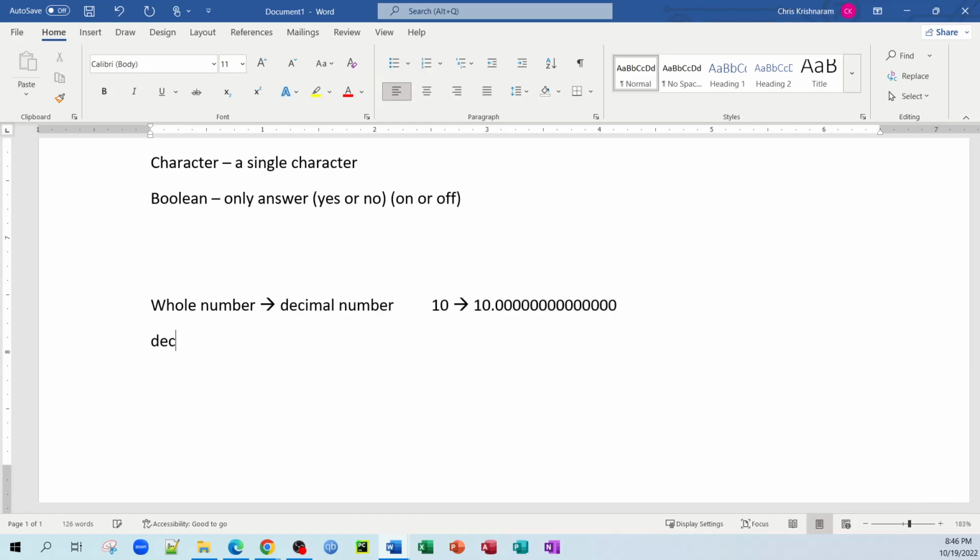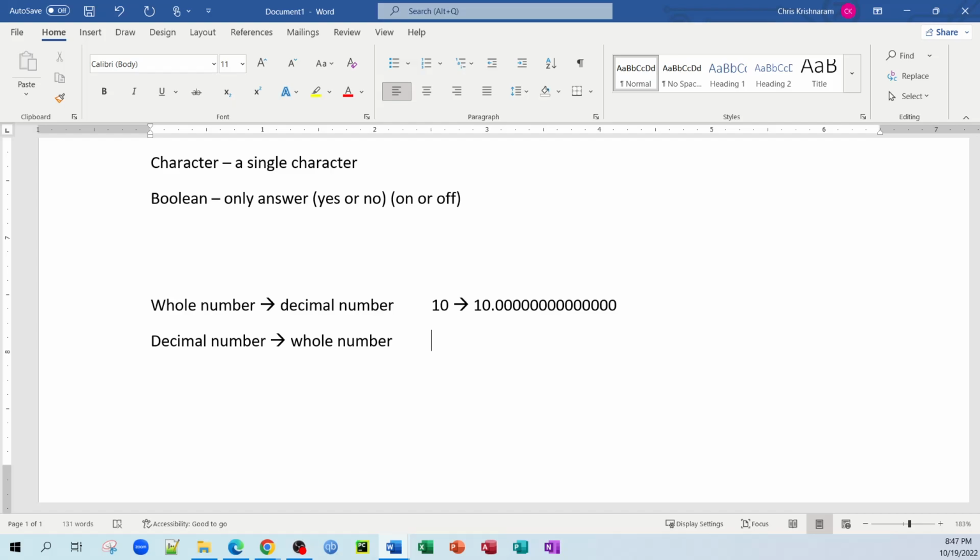Now, can you take a decimal number and store it into the place of a whole number? Anyone else?